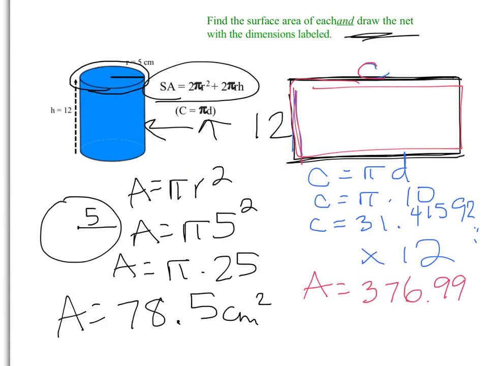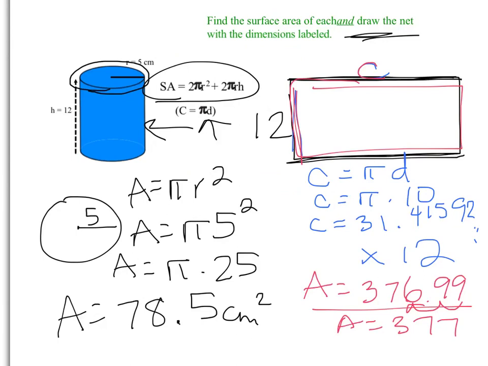Actually, yeah, 376.99. This is the area of my rectangle, and if I'm going to round it correctly, I'm going to round it up to 377. So go ahead and round this one to the nearest tenth, which in this case would be 377.